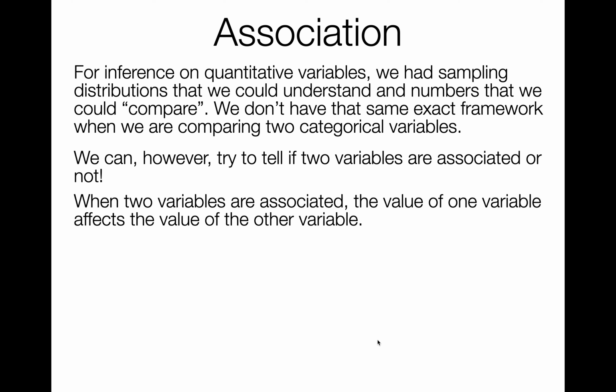I am no expert in biology, but I believe there is some sort of link there, that if you have blonde hair, you're more likely to have blue eyes. And so that would indicate that there is some association between the two variables.